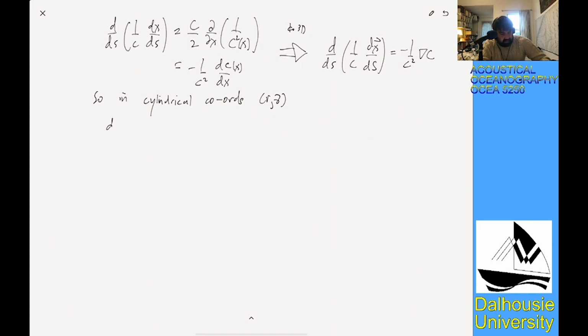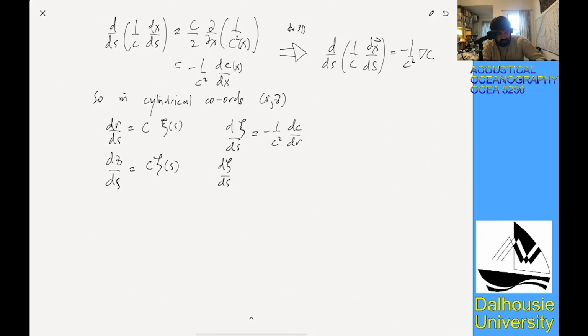We're going to have dr/ds equals c psi of s, dz/ds is going to be equal to c zeta of s, d psi/ds equals minus 1 over c squared dc/dr, and d zeta/ds equals minus 1 over c squared dc/dz.